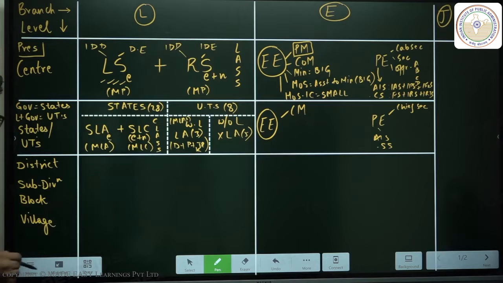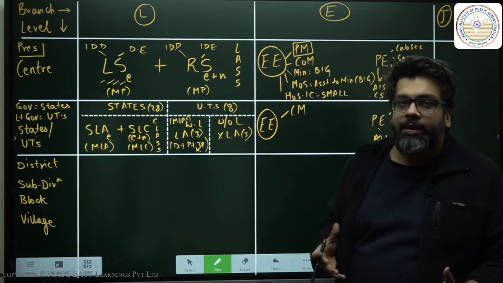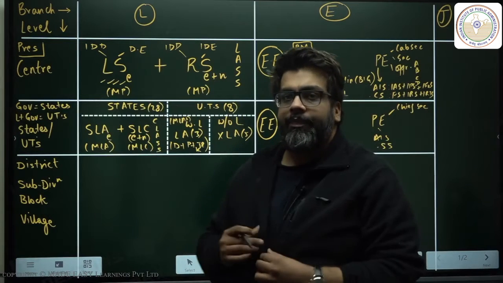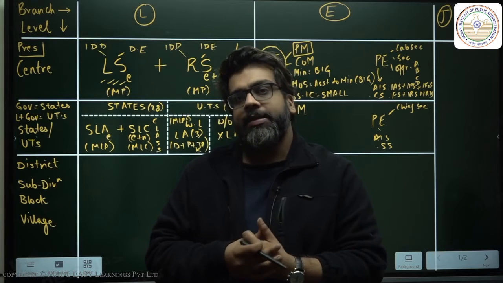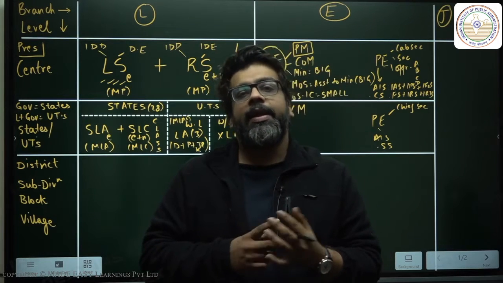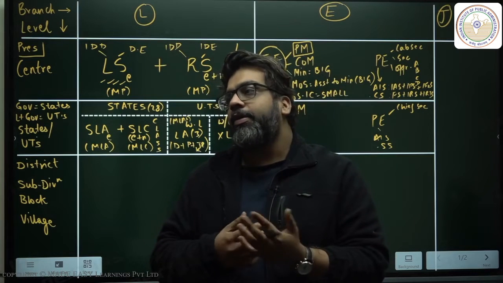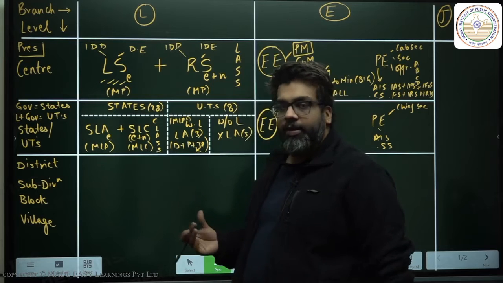Okay, now when you're within a state, we live in a world of 2 Indias. An India which has issues with Netflix, and an India where there is no electricity for 10 hours a day. And that is the differentiation at the local level, right?